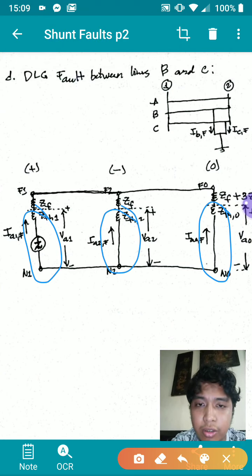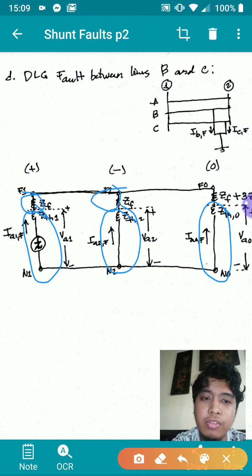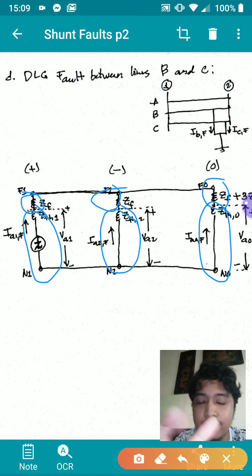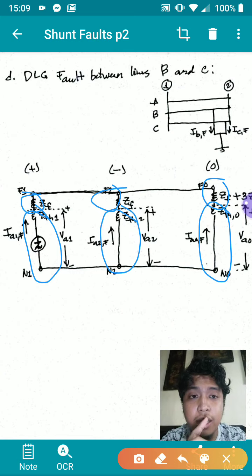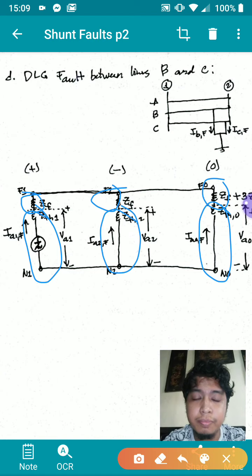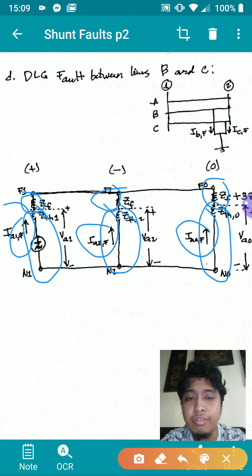And then for the fault impedances, if there is a fault impedance, you have ZF in series with positive sequence, ZF in series with negative sequence, and ZF plus 3ZG in series with the zero sequence. Okay, and all of these are in parallel. So you just solve for IA1, IA2, and IA0, and then you get the IAF.